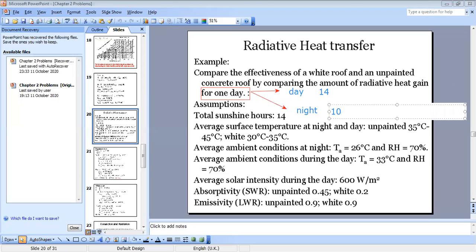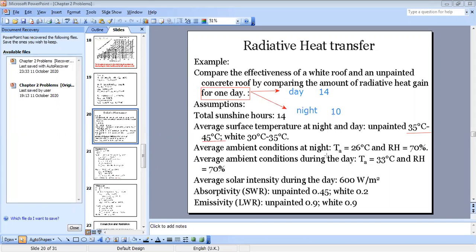Okay? Now, they gave us the properties of the surface temperature at night and at day. Why do we need them? Because, as we said, we will calculate conditions during the day and during the night. We have to compare white and unpainted surfaces, which is why for both they gave us the surface temperature during the day and during the night.